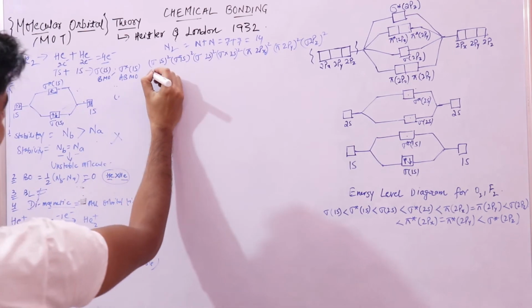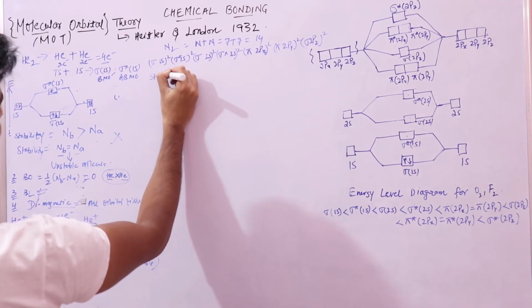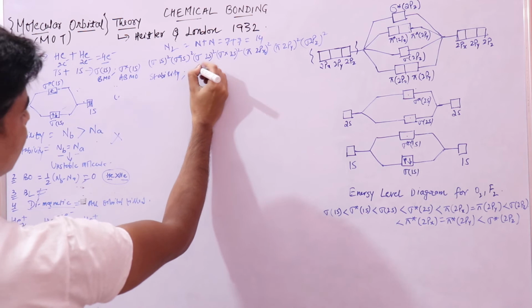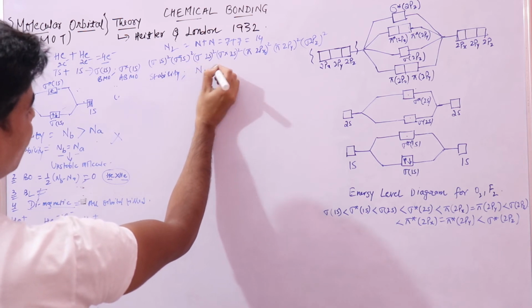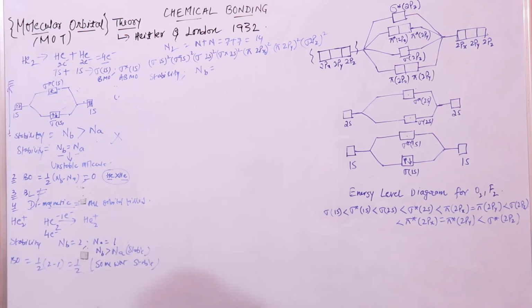Let's look at its stability. Stability depends on how many electrons are in bonding molecular orbitals and how many are in anti-bonding molecular orbitals.